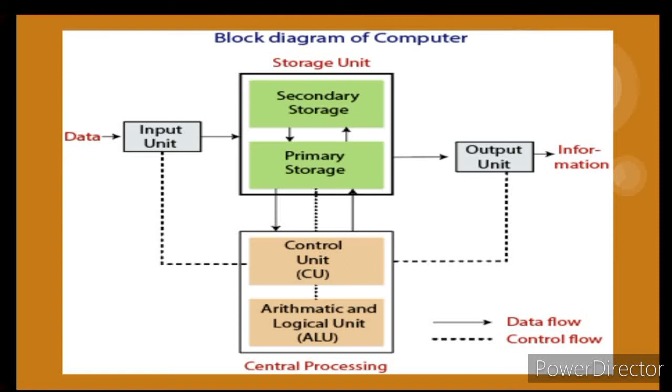Next type is the secondary memory. Secondary memory is the external and permanent memory that is useful to store data on external storage media such as DVD drives, hard disks, memory cards, and memory sticks like pen drives. Secondary memory deals with the following types of components.